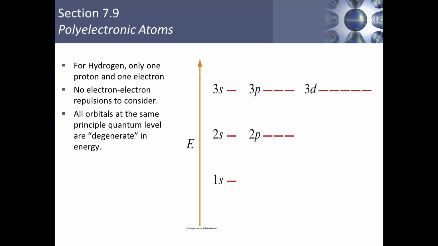So our 2s and 2p orbitals for the hydrogen model are at the same energy. The 3s, 3p, and 3d orbitals for hydrogen are at the same energy. Notice energy increases with increasing principal quantum number. So something in a 2s orbital is higher in energy than something in a 1s orbital.